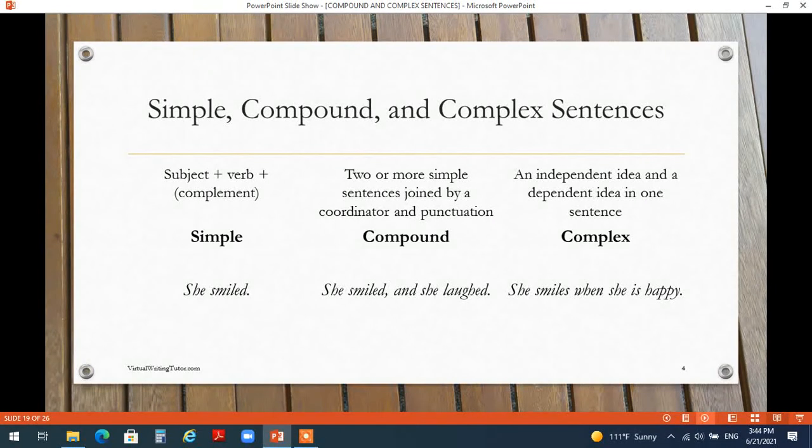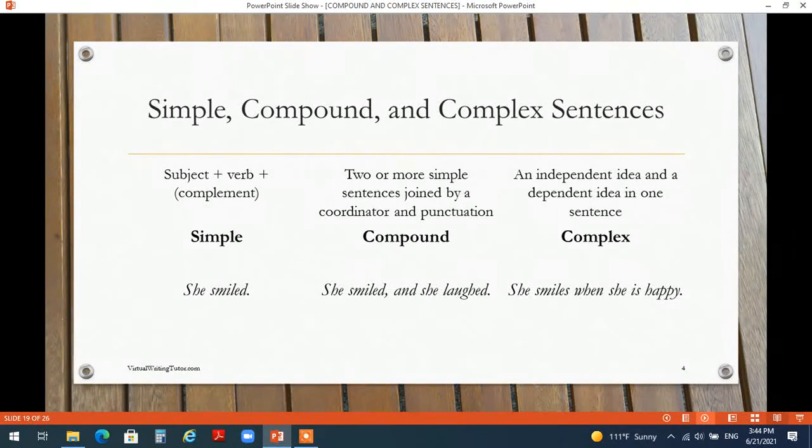For example, she smiled and she laughed. As you can see here, we have two clauses or two simple sentences joined by the coordinator and there is a comma and with punctuation here. And each clause will remain independent.